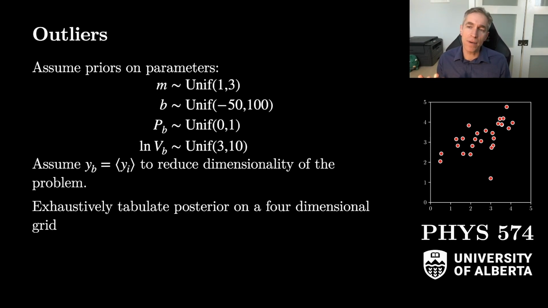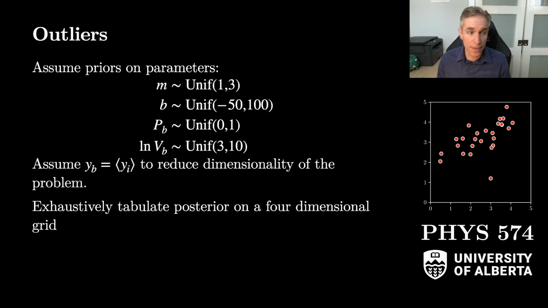That was about as much as my computer could handle: 4 dimensions, doing 100 samples along each. 100 to the 4th power is 10 to the 8 calculations, and that didn't take forever. Adding another 100 would have required 10 to the 10 different probability calculations to sample this probability grid, and that would have been extensive.